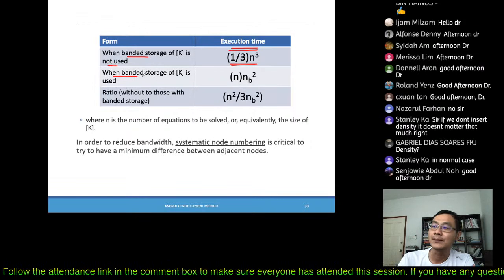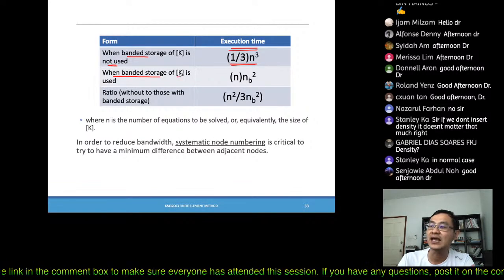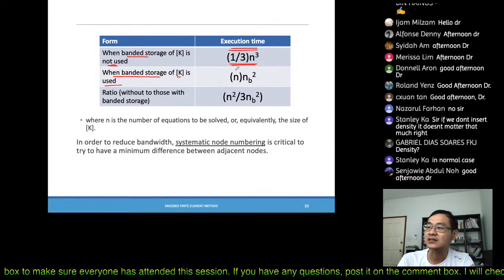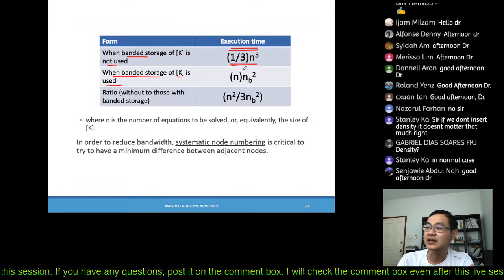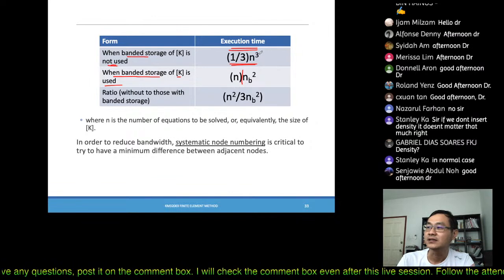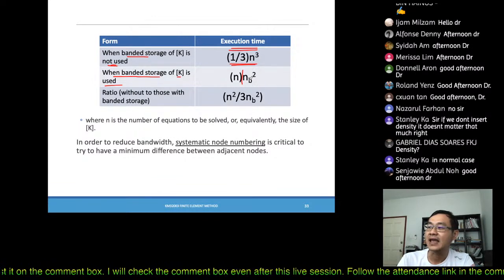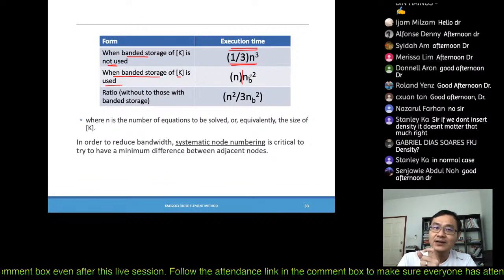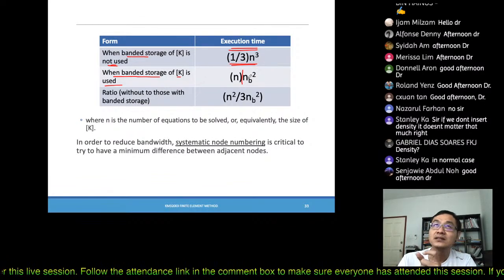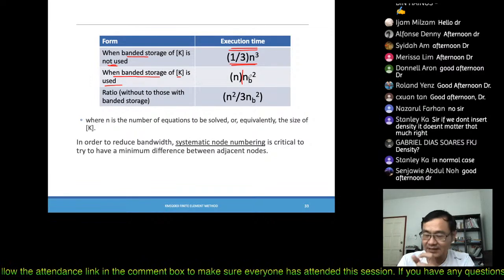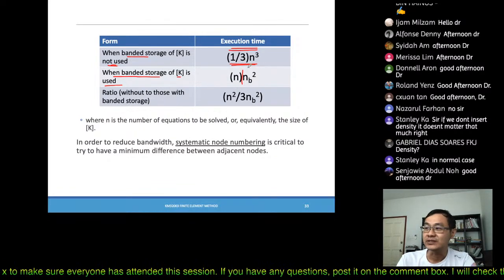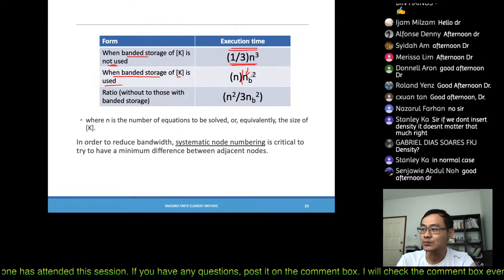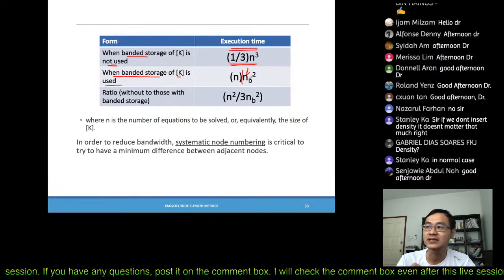Then when the banded storage of K is used, we can see that this dimension, the n itself, is now divided into n and nb, where this nb is our semi bandwidth, which we can control now. So the smaller this is, the better.